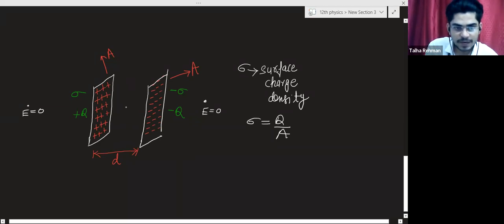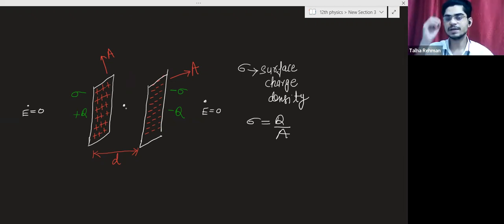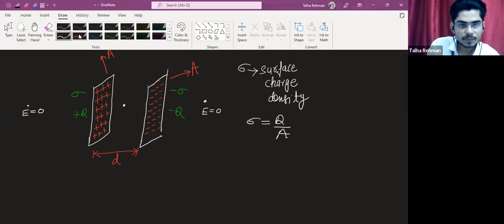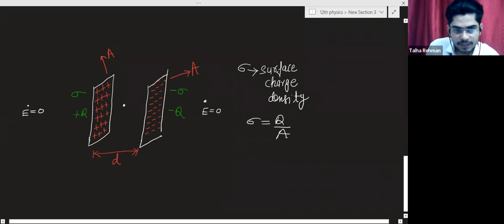But what if I am calculating the electric field at any point between these plates? Like these are the two plates, and I take a point between these plates, and I want to calculate the value or direction of electric field, what will that be? This is the negatively charged plate. I have told you that if you want to calculate the electric field, consider a positive charge at that point.